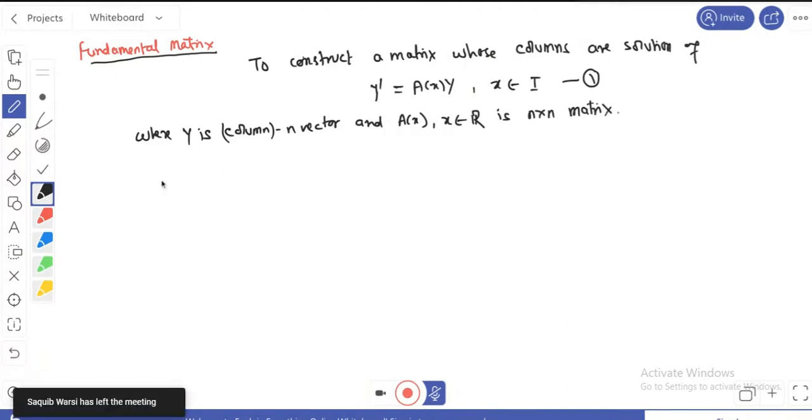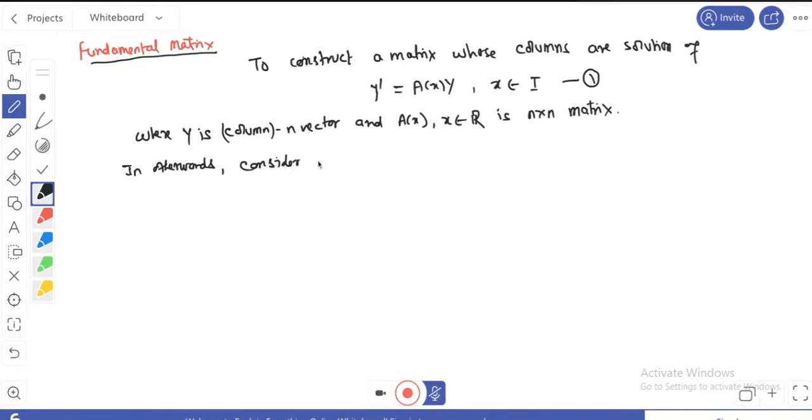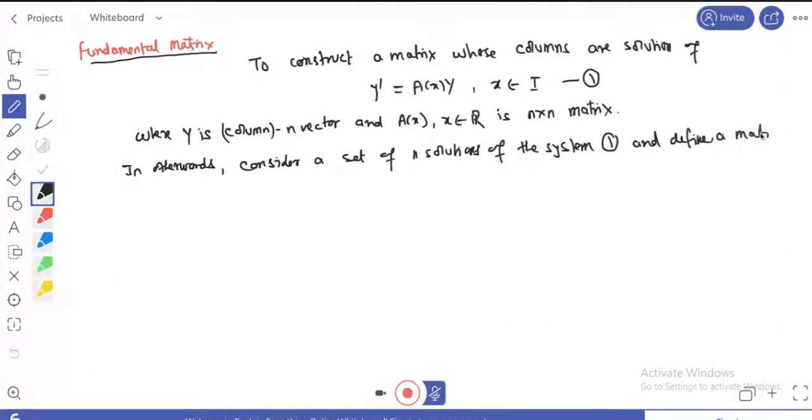Okay, so you can write this in other words. We have considered a set of n solutions of the system first and define a matrix, capital M, whose columns are these n solutions.